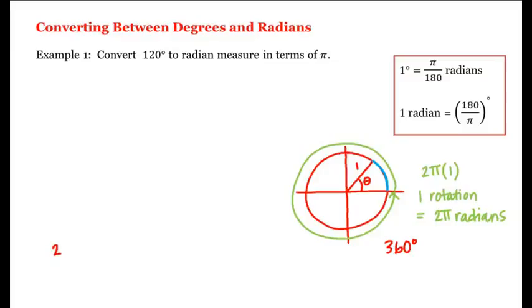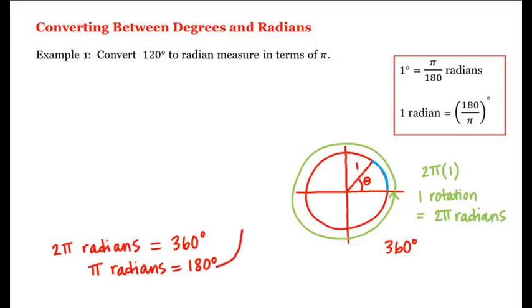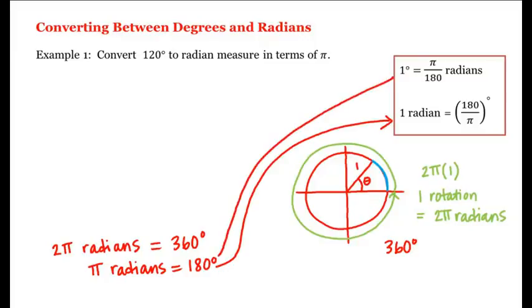That is, 2 pi radians is equal to 360 degrees, or dividing both sides by 2, we get pi radians is equal to 180 degrees. And if we divide both sides of this equation by pi, we'll get the second conversion here. And if we divide both sides by 180, we'll get the first conversion here.